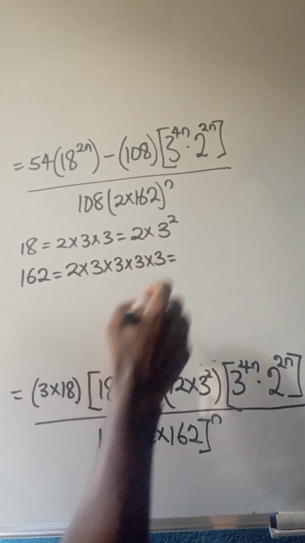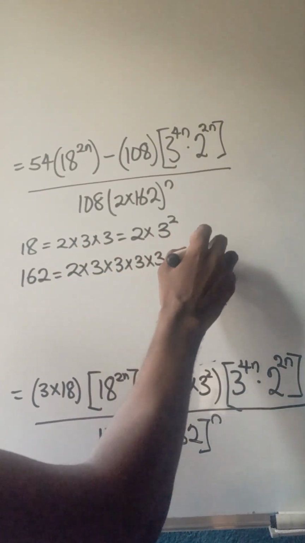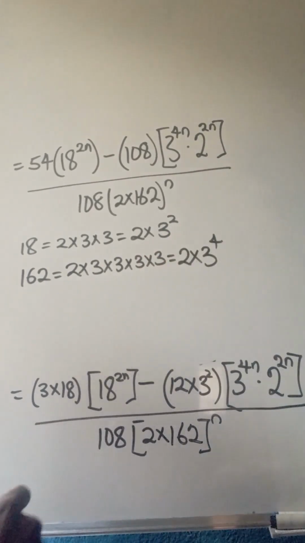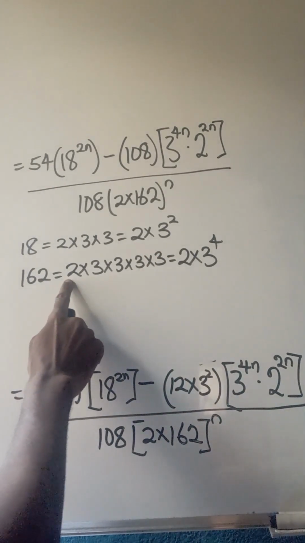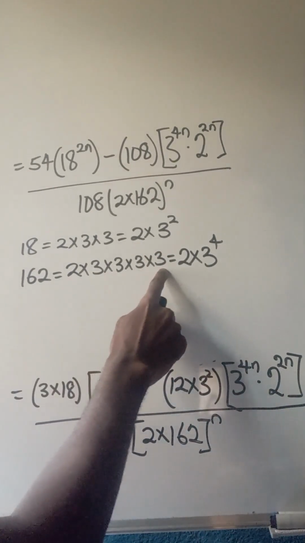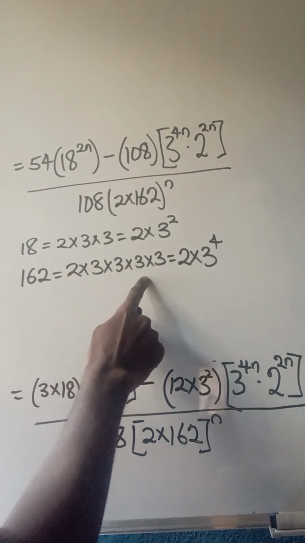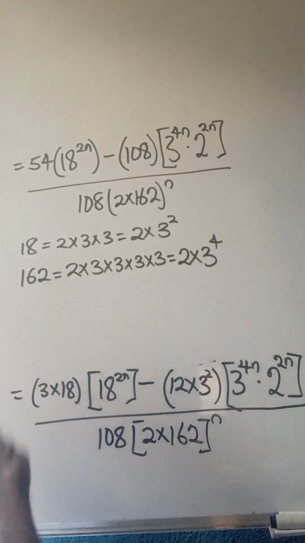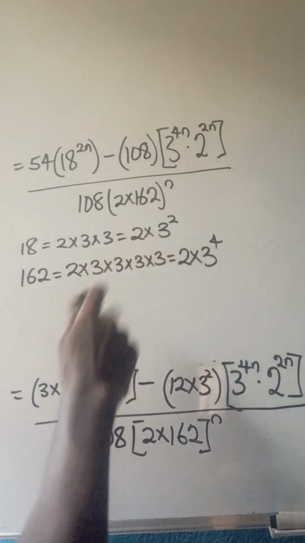So this means 2 times 3 raised to power 4. That's what 18 and 162 stand for. This is like saying 2 times 81, which gives me 162. So we've written these in their index form.